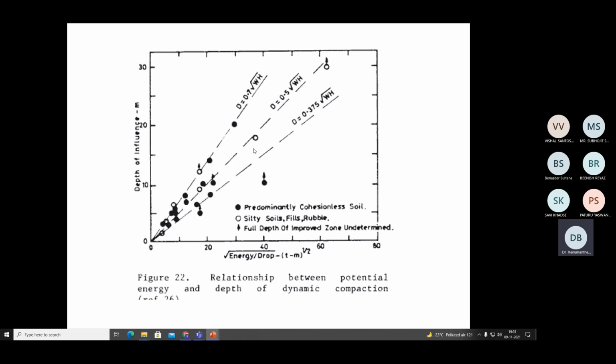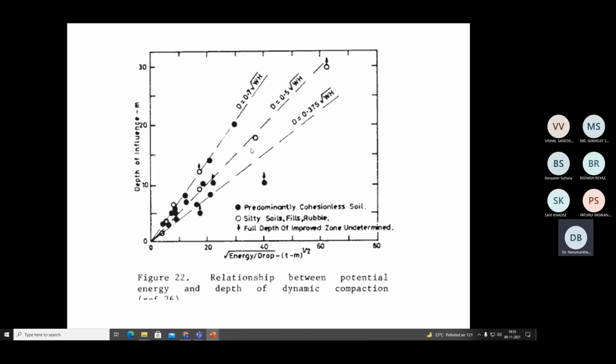All soils may not respond in a similar way. Therefore, how shall I understand the depth of influence depending upon the amount of energy applied? This graph shows what happens to the different soil types, or how the depth of improvement or depth of influence shall be determined based on the amount of energy applied.